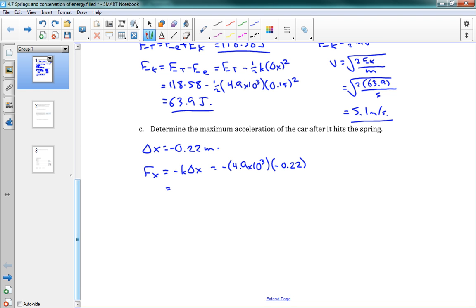So this gives us a force to the right of 4.9 times 10 to the 3 times 0.22, which is 1078 newtons. Good. And we know that the net force here is equal to Fx, which is equal to ma.